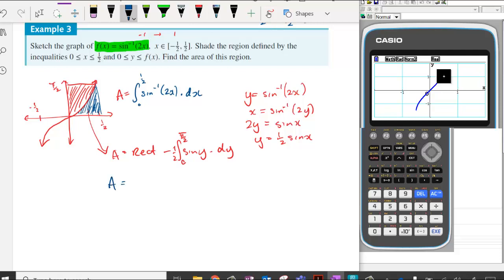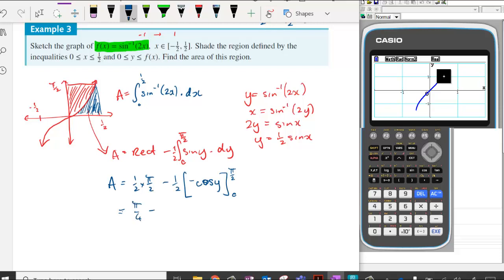So our area is equal to this rectangle, which is 1/2 multiplied by pi on 2. Subtract 1/2 lots of the integral of sine is negative cos, and we're working between pi on 2 and 0.